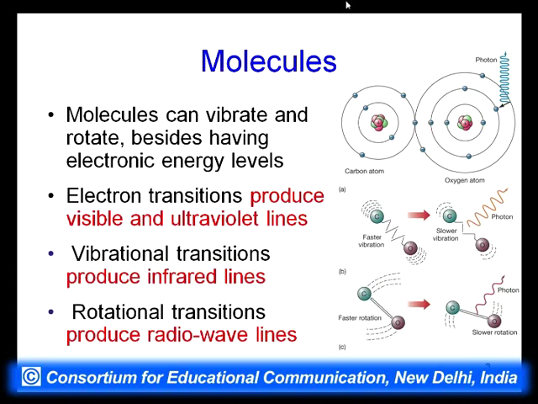The electronic transitions are generally observed in the visible and the ultraviolet region. Vibrational transitions are in the infrared region, and rotational transitions are in the microwave region or radio wave region, and because they have the lowest energy, this is what we are going to discuss first. And also I told you that it has some resemblance to what we learned in atomic spectroscopy, so this is what we are going to learn.